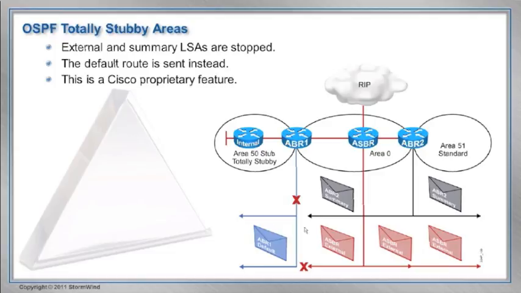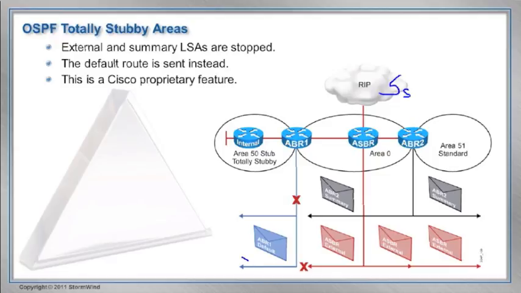Why don't we take not only these type 5s from that yucky RIP domain, why don't we not only dynamically filter those, but why don't we dynamically filter the type 3 LSAs as well?